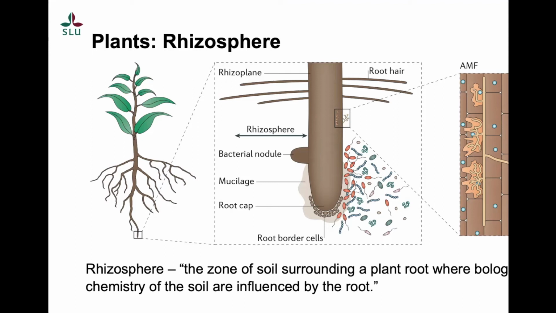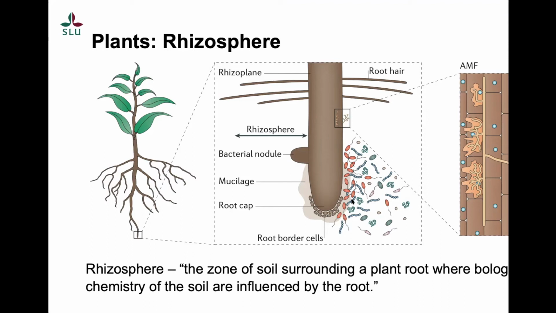And the bulk soil is, of course, much further away from the root, where you don't have as much, let's say, carbon compounds produced by the plant going into it. So it'll reach a limit once it diffuses out of the root. But that being said, it's not just carbon compounds being produced by the plant.